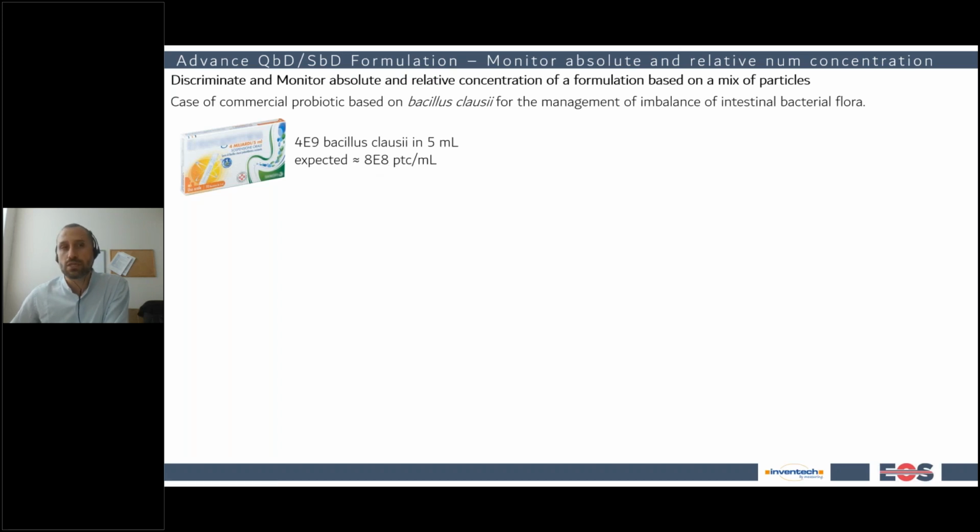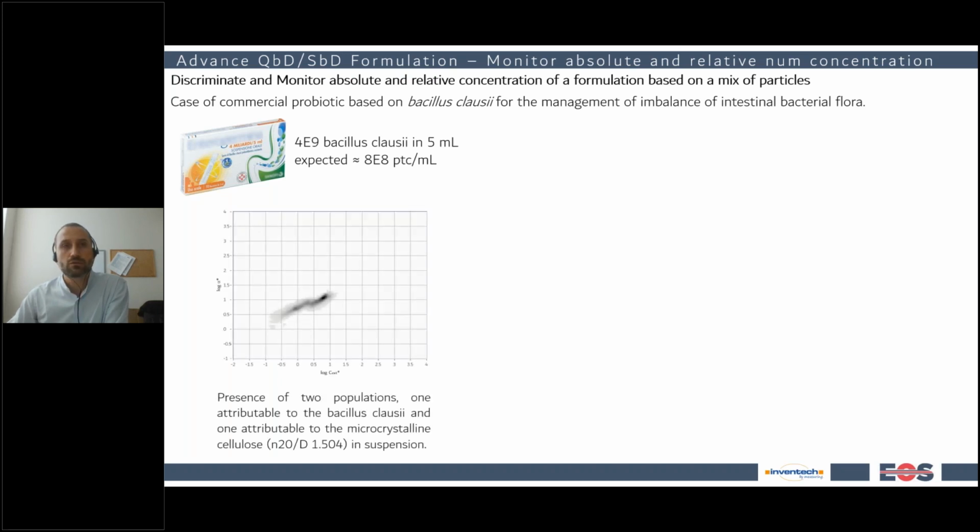If you try to measure this with traditional methods, it is quite difficult to obtain the right information and the right quantification of probiotics. You have to rely on different approaches using, for example, fluorescence or other techniques, but you have to modify the system. Using our method, you obtain this kind of information. As you can see, two populations are observed.